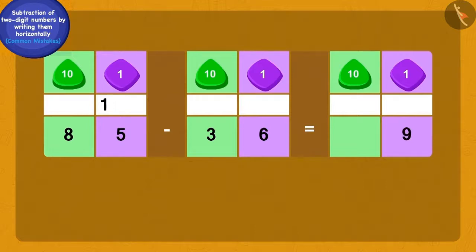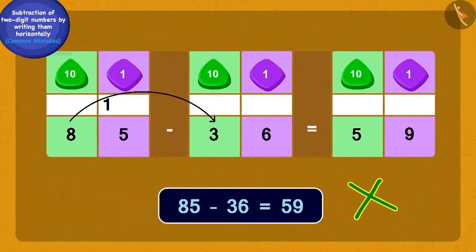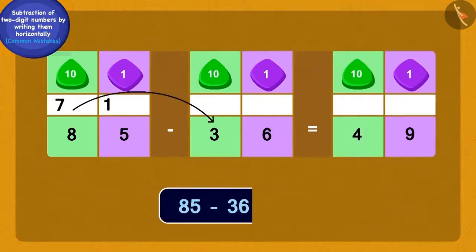But after borrowing the 10, they forgot to reduce the 8 tens to 7 tens. So children, what will be the correct answer to this subtraction? Yes, the correct answer of this subtraction will be 49.